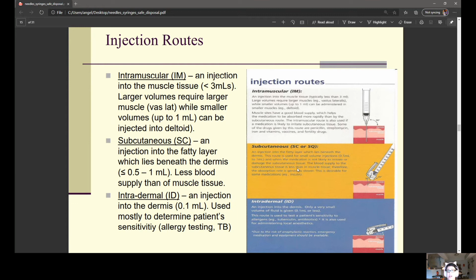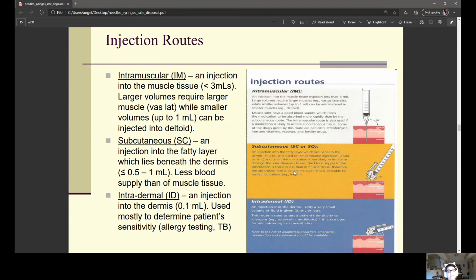Sub-Q injections are typically used for blood thinners, for insulin, for my daughter's migraine medication. It's something we give sub-Q when we want to get it into the body, and maybe orally is not the best route.